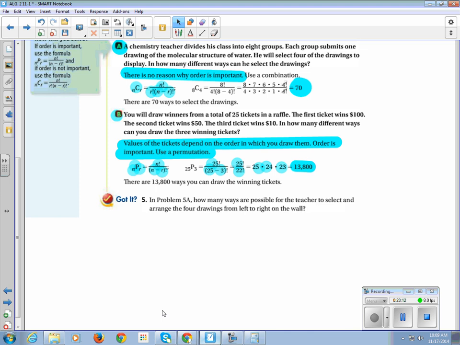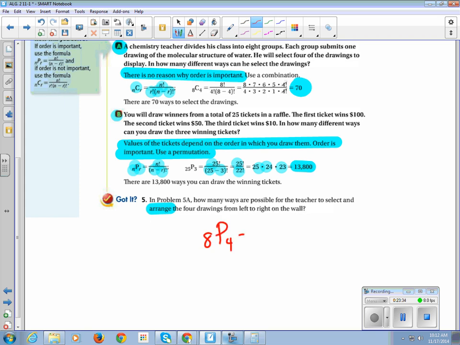From left to right on the wall. In this case, because he's arranging the 4 drawings, order matters, and we're going to use permutation. So we have 8 to choose from.